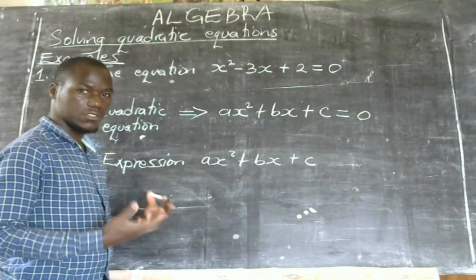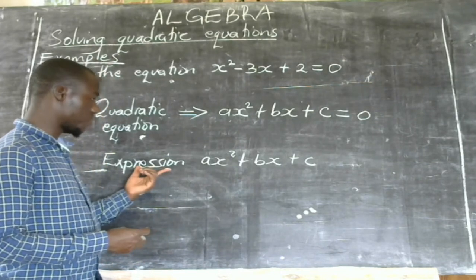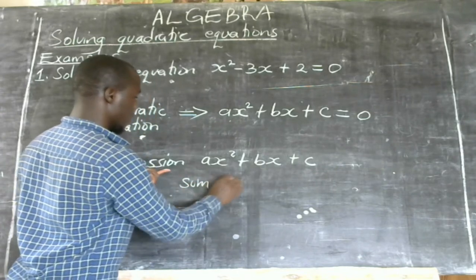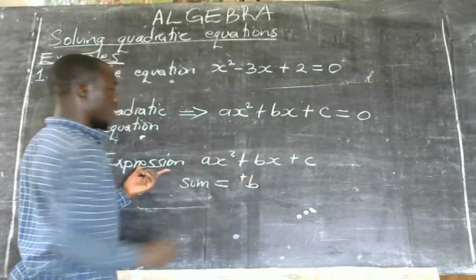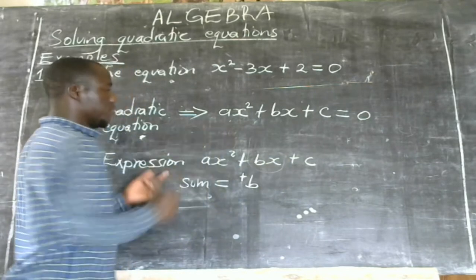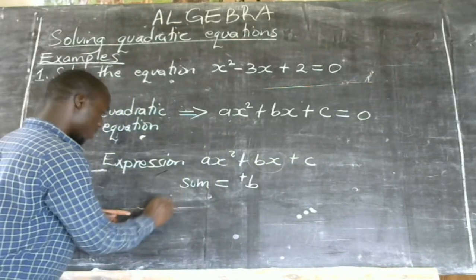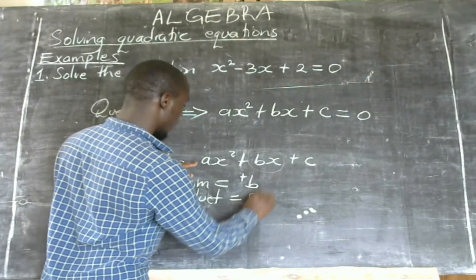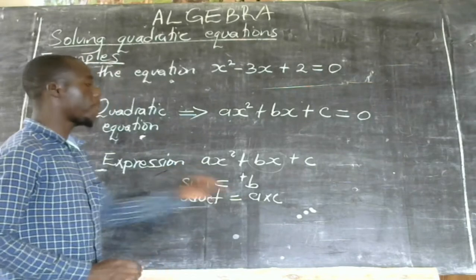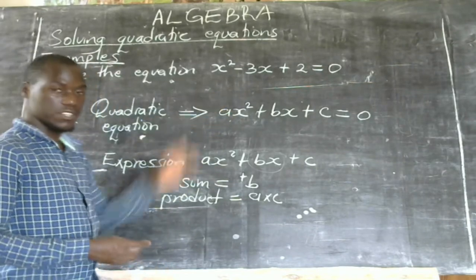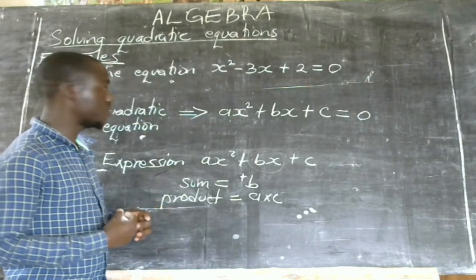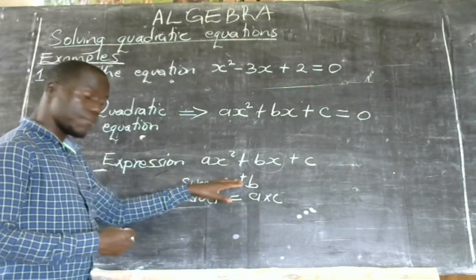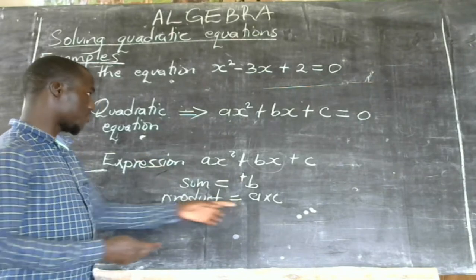So while factorizing the quadratic expression, we said we shall always need a sum, which is the one on the linear term, and then we shall always identify the product, and this one was a times c. Even here, solving the quadratic equation using factors, we are going to identify the sum and also identify the product.